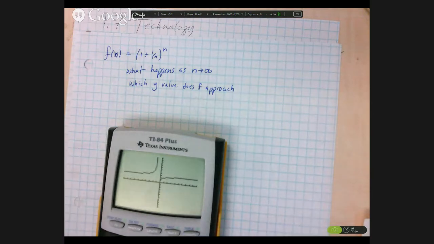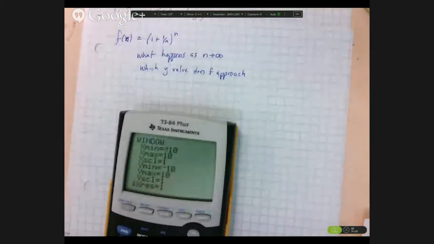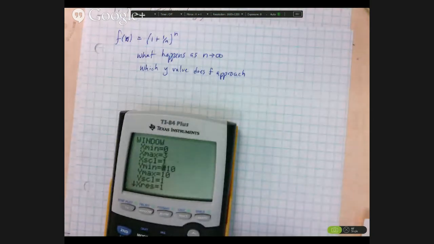Okay, so try a new window. Let's say 0 on the x min, x max, let's try 1,000, y min 0, y max, let's try 3, because we're going a long ways out, right?